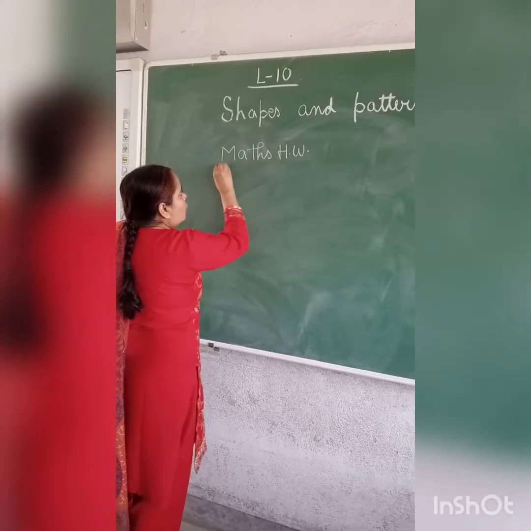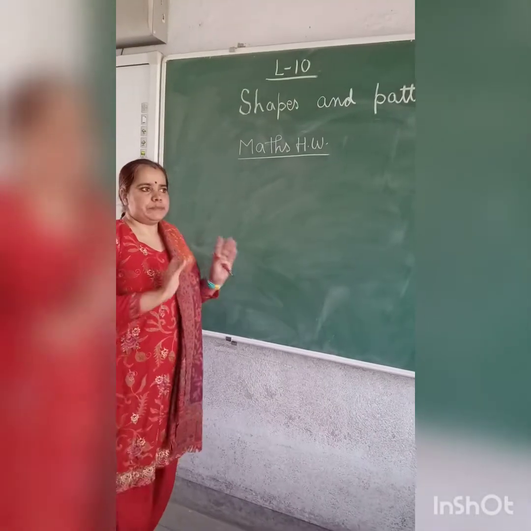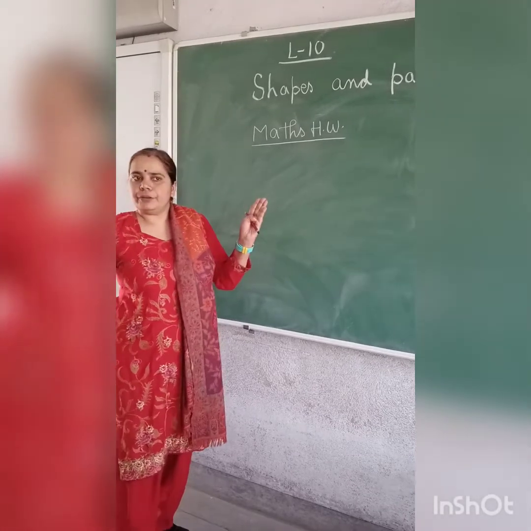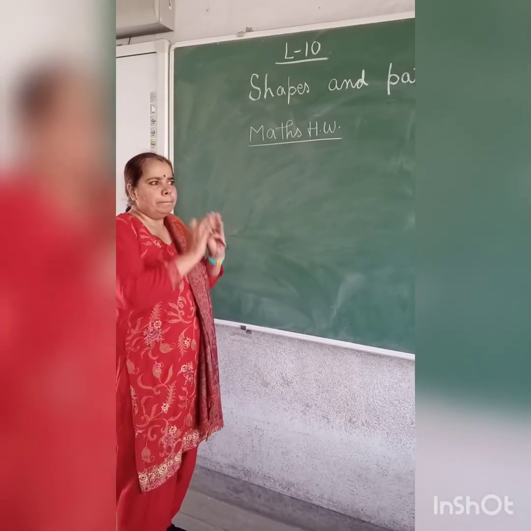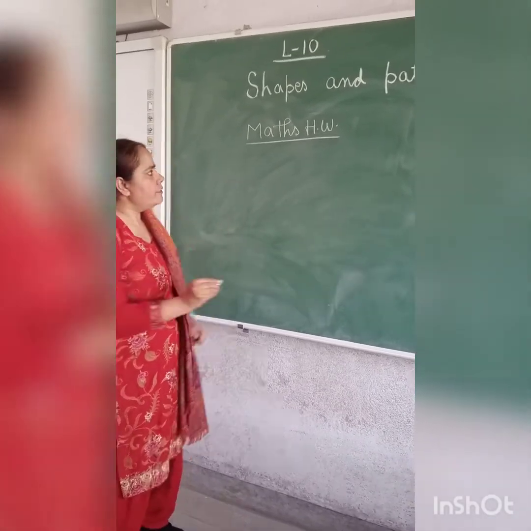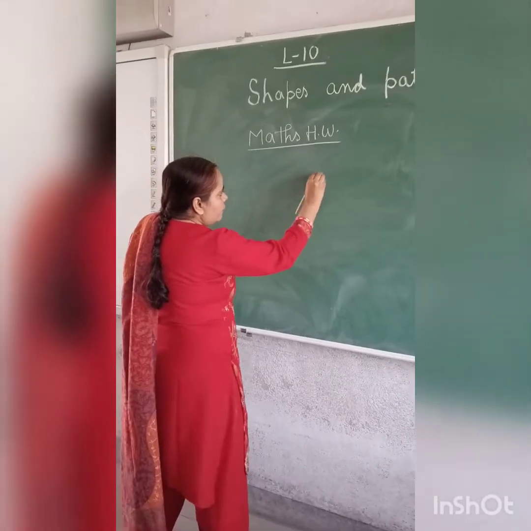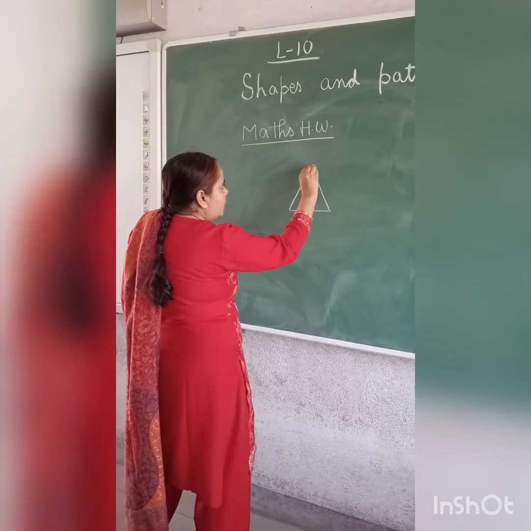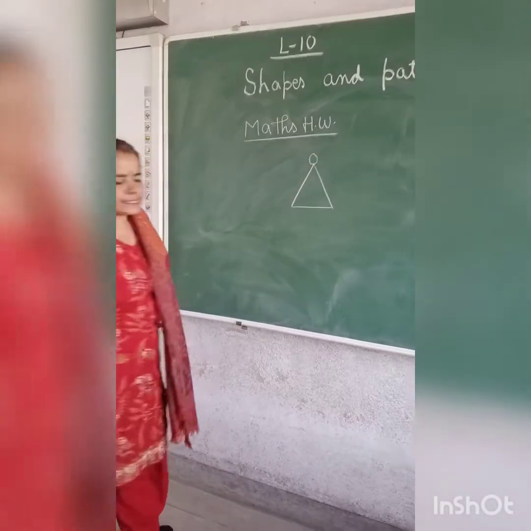In this homework, what you have to do, using all the shapes which ma'am has told you in video number 1 and video number 2 also, we will make, you can say, a puppet or joker, anything. Okay. First, see, using a triangle, we will make a cap. Okay. And on the top of this cap, we will make a small circle.